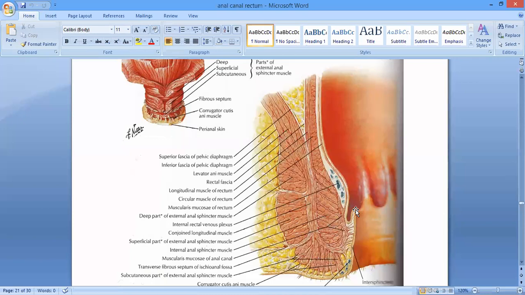You can feel that anorectal ring, and this thickening, which you can feel on the PR examination, is basically contributed by the area where three muscles meet: the deeper part of the external sphincter, the puborectalis fibers, and the internal anal sphincter fibers. They are going to form the anorectal ring.